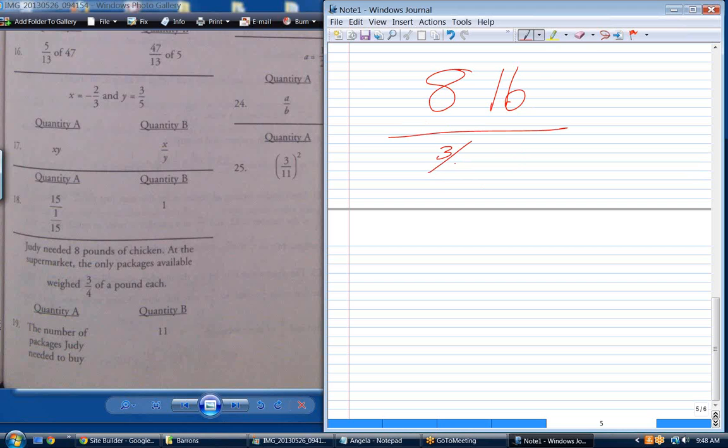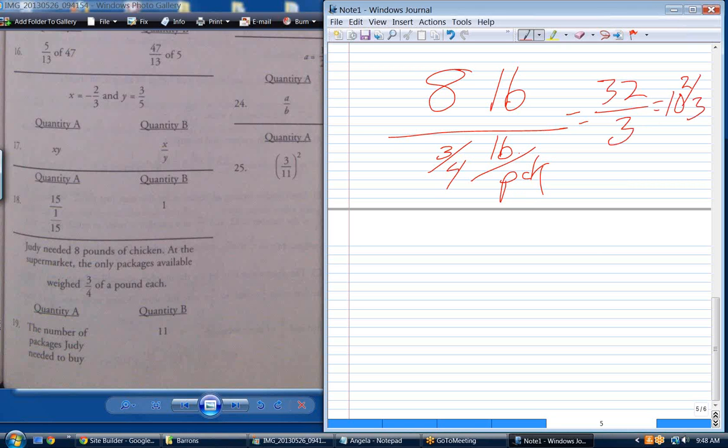Divide by 3/4 pounds per package. And that number is 32 thirds, which is 10 2/3.